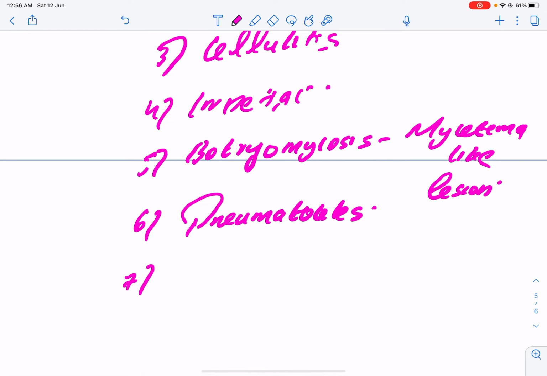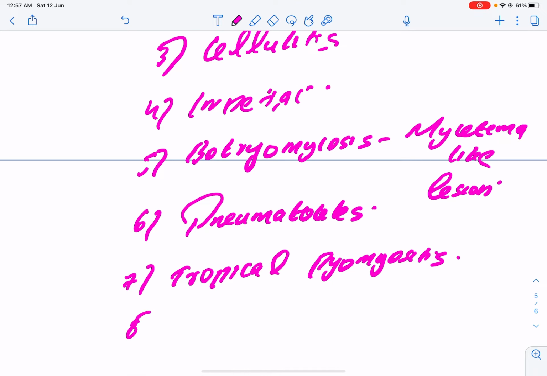They can cause tropical pyomyositis. They can cause acute osteomyelitis.